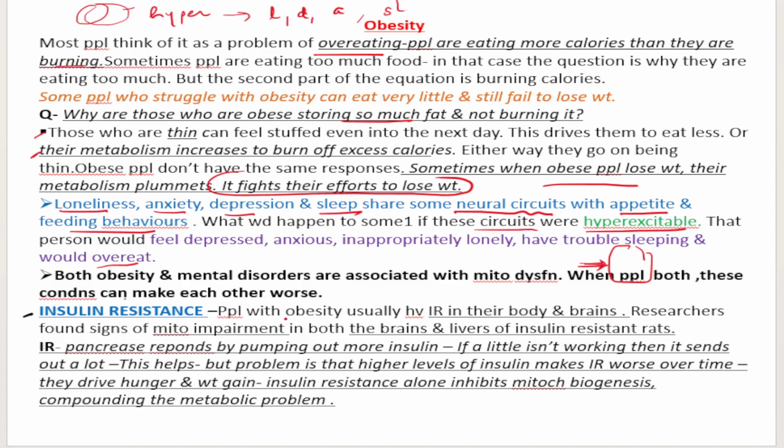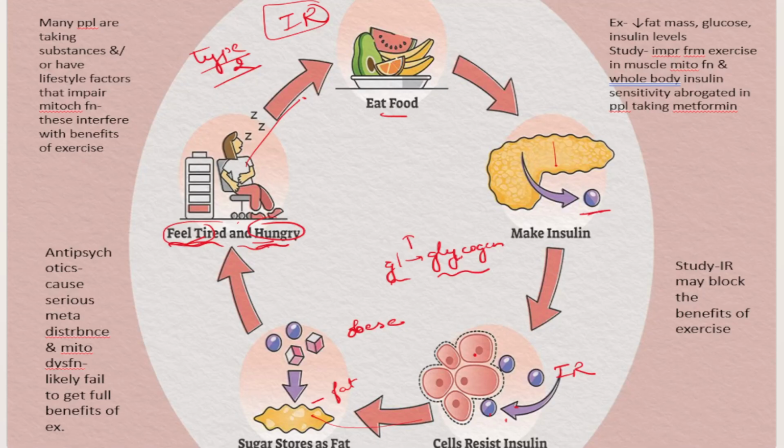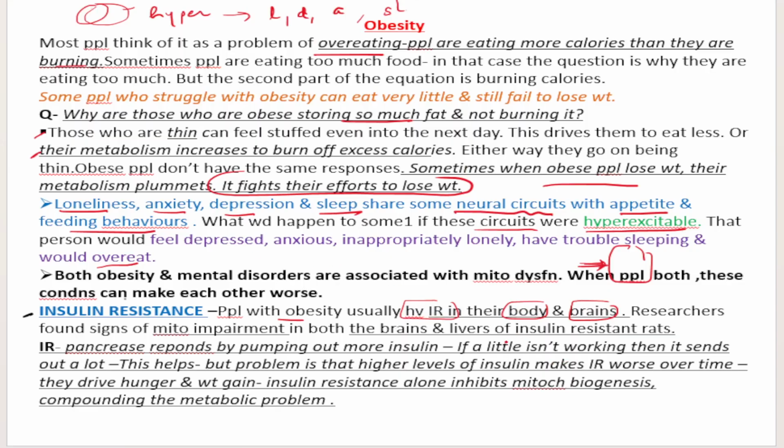Now see, people with obesity usually have insulin resistance in their body and brain. So people who are obese, the sugar is getting stored as fat. Researchers found signs of mitochondrial impairment in both the brains and livers of insulin resistant rats.